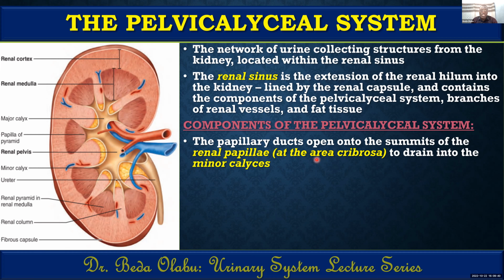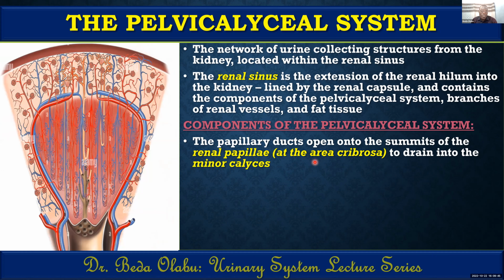This perforated region is known as the area cribrosa. So this is the summit of the renal papilla, containing several perforations representing openings of the various papillary ducts. So we call this one the area cribrosa. Papillary ducts open at the area cribrosa by emptying into the minor calyces.